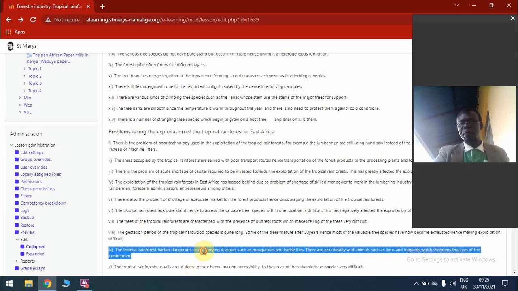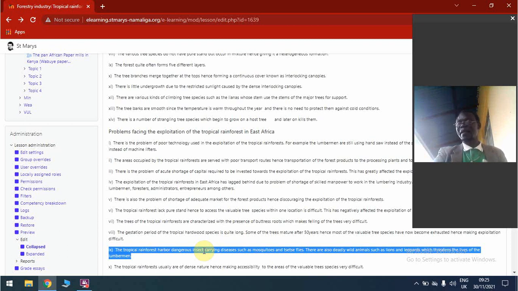Besides, we have the problem of various types of disease-carrying organisms. We have insects like mosquitoes and flies, which have been harbored in the tropical rainforest areas. And there are also wild animals. All these are dangerous organisms to people, because the flies can infect the lumbermen with diseases like sleeping sickness.